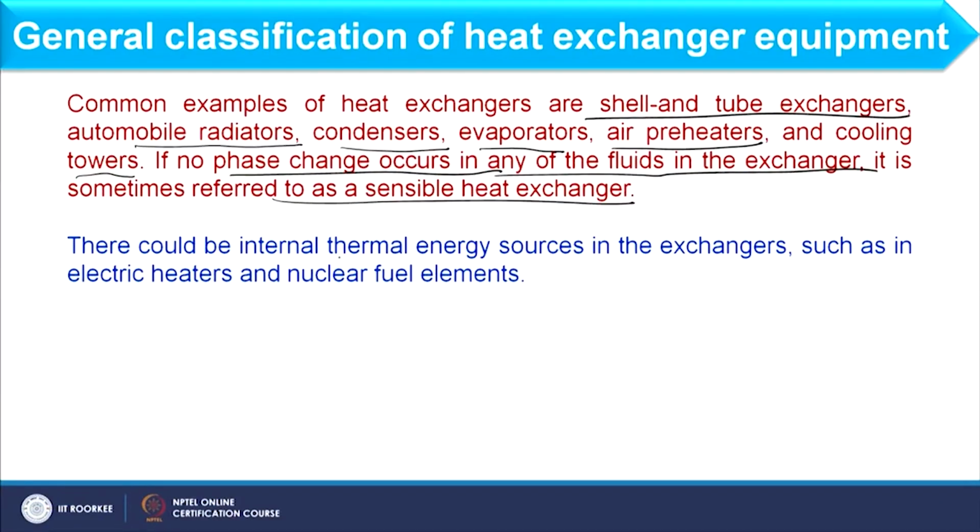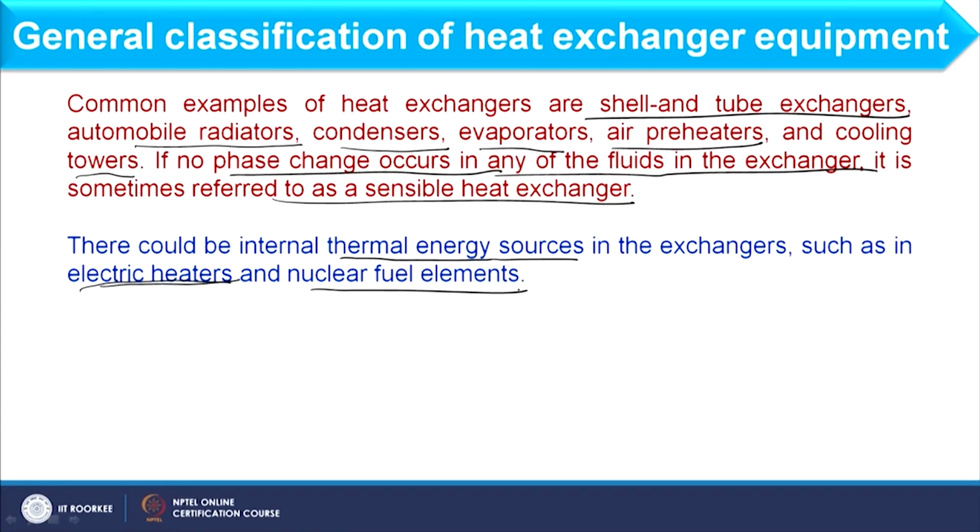So, these are some common examples of heat exchangers, and further there could be internal thermal energy sources in an exchanger, such as electric heater and nuclear fuel elements. You must have seen the water heater in your houses.